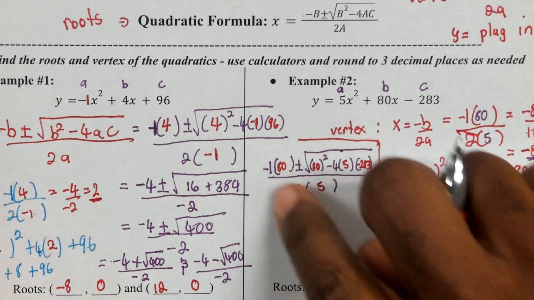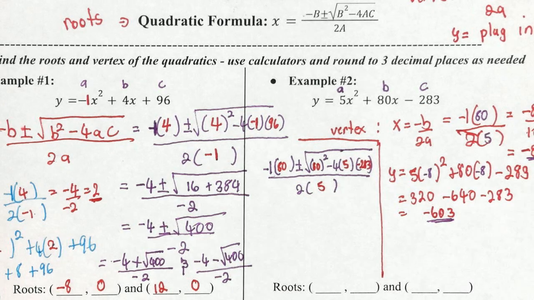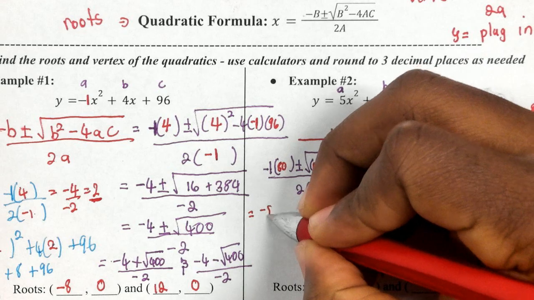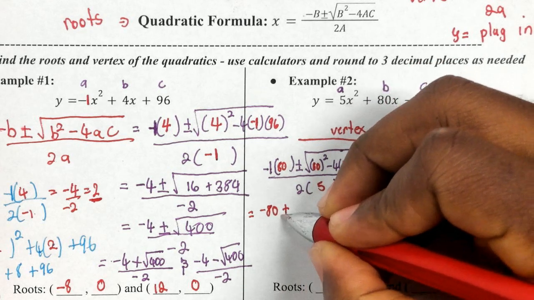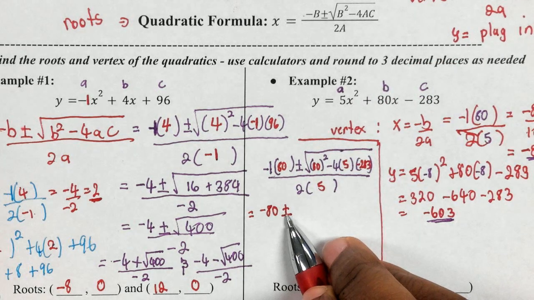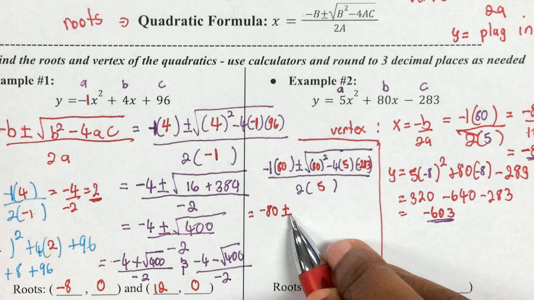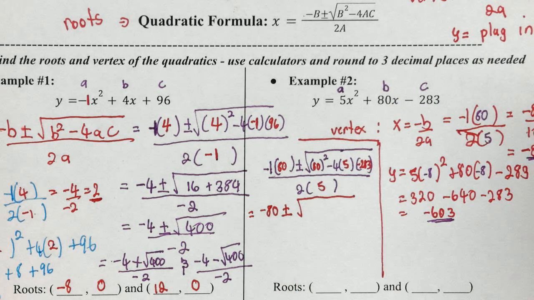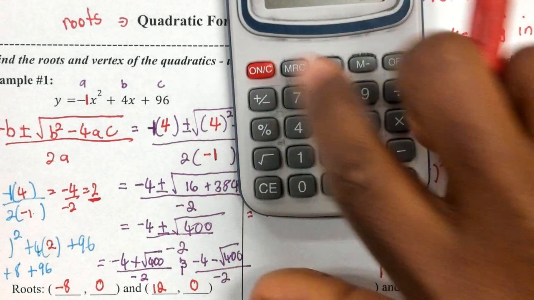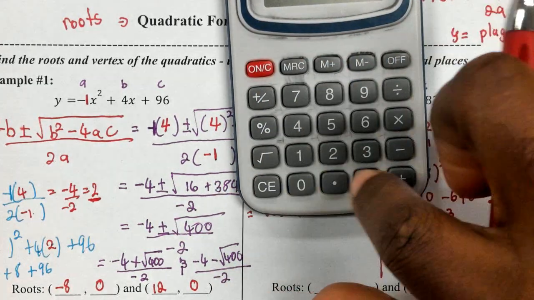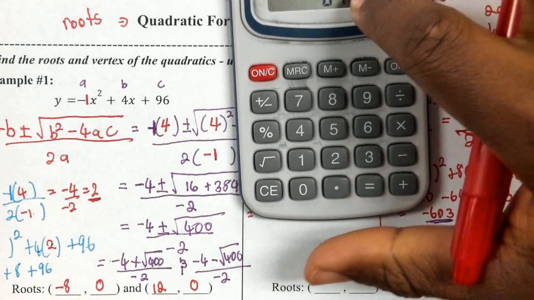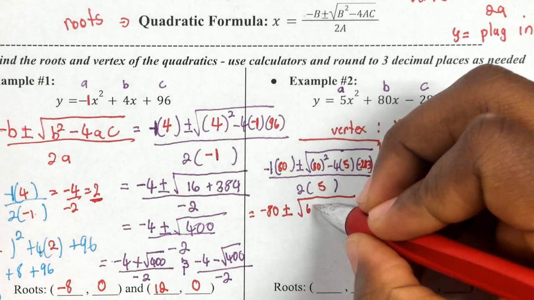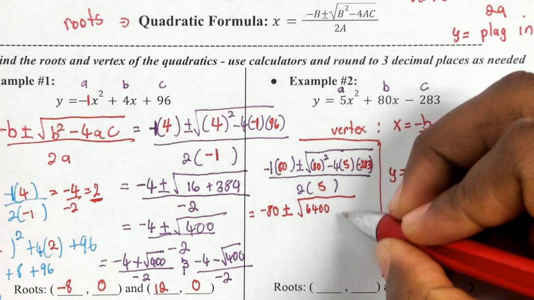You can put all this in your calculator, but I'm going to do it step by step. Negative 1 times 80 is negative 80. Plus or minus, the plus or minus sign means that it could be positive or negative. Square root, 80 squared is 80 times 80, which is 6,400.